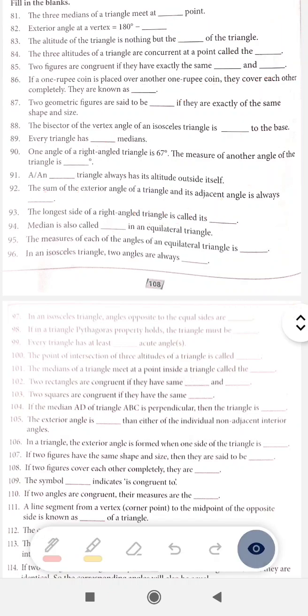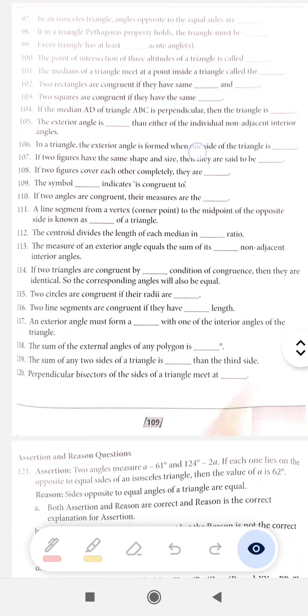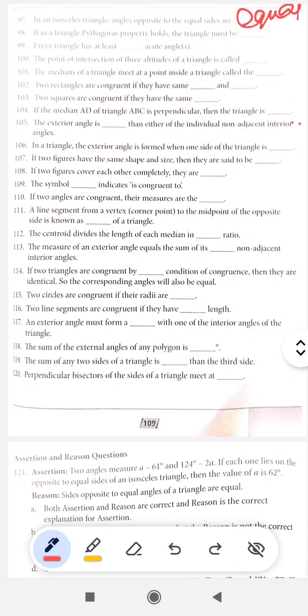Now let's go to the next page. Next, question number 98: if in a triangle Pythagoras property holds, the triangle must be a right angle triangle. Question number 99: every triangle has at least dash acute angles. At least two acute angles.